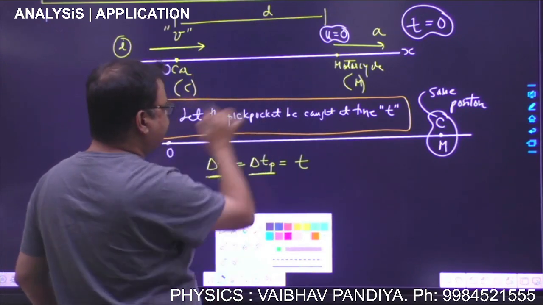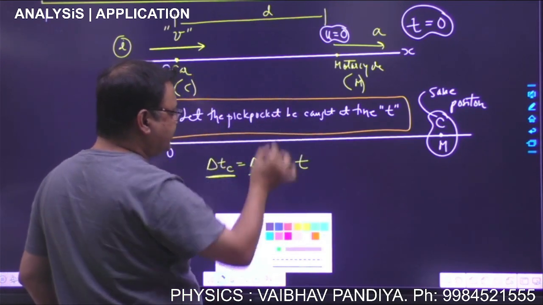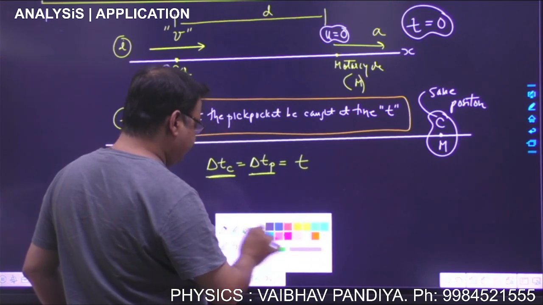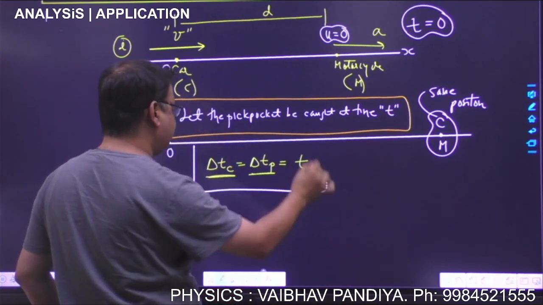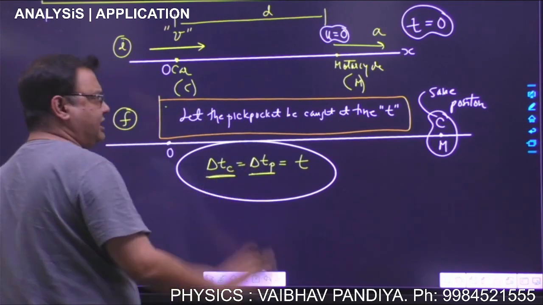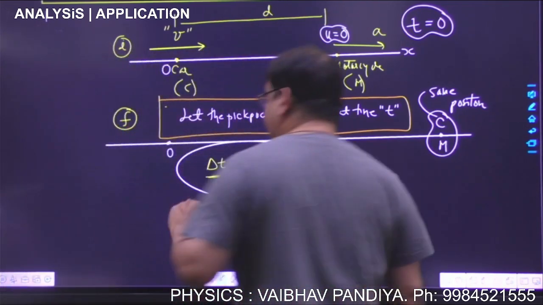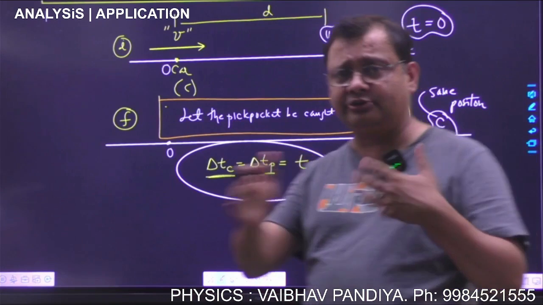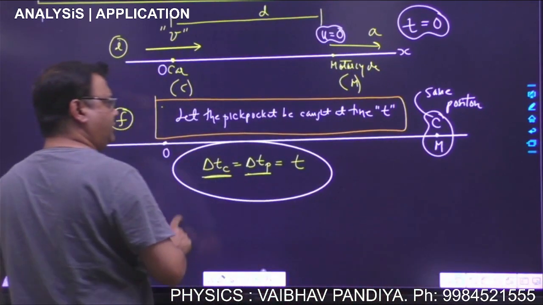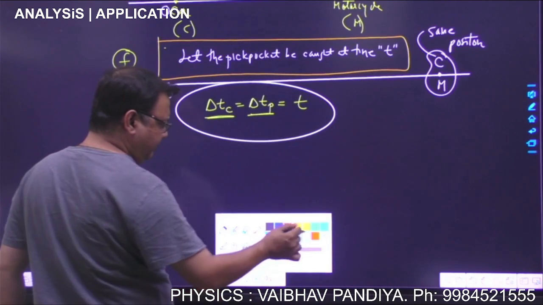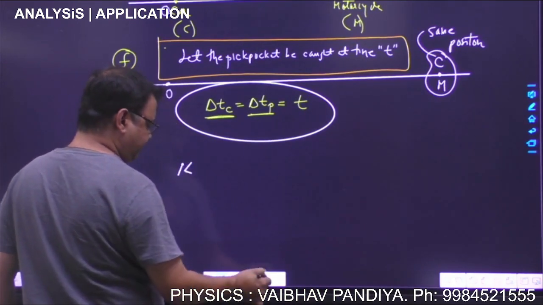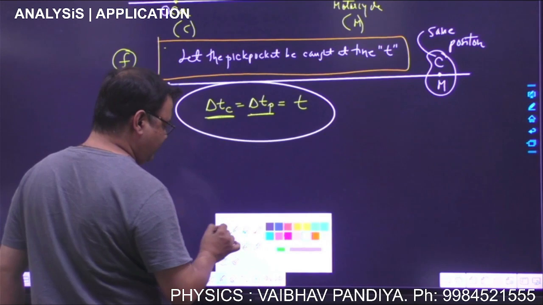From this instant to this instant the time elapsed is t. So in this interval the car must have travelled for a time t, and the pickpocket must also have travelled for a time t. So both have the same time interval, and when they have the same time interval, you can also apply the relative equation. Whenever the particles meet, we apply the relative equation, so x2 1, that is, the final position of 2 with respect to 1.